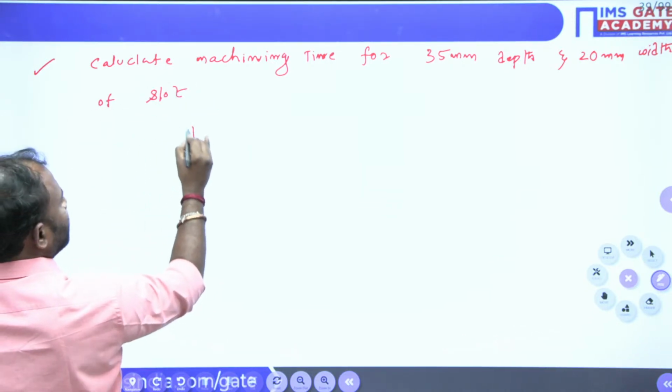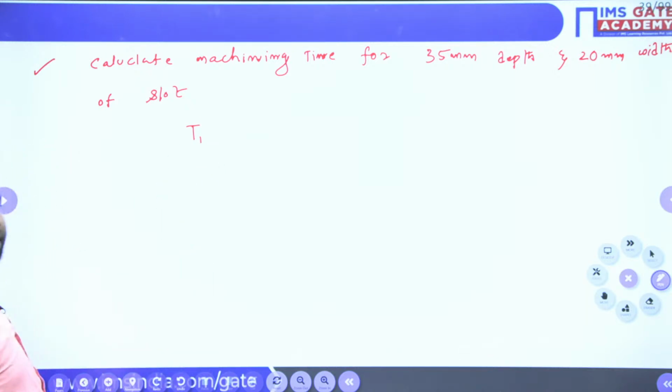Okay. Now, the machining time for the first one we will take as T1.